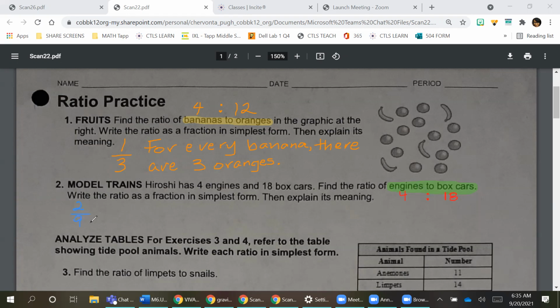It's 9. So our simplest form is 2 to 9. So now I need to explain its meaning. So it's for every 2 engines, there are 9 boxcars.